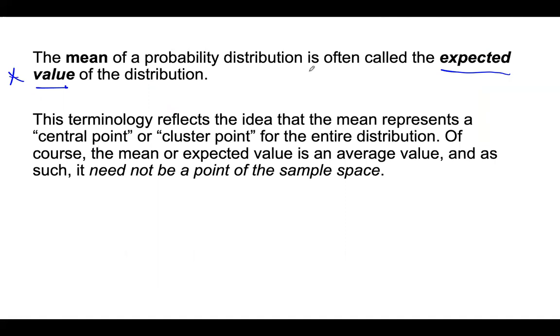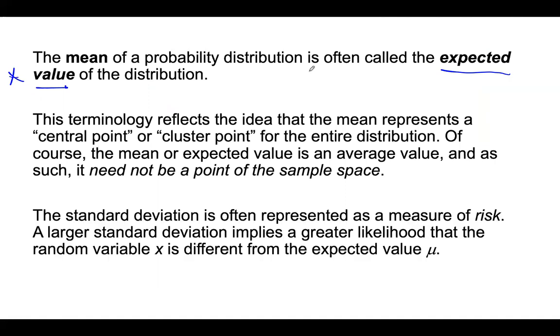Of course, the mean or expected value is an average value, and as such, it need not be a point of the sample space. The standard deviation is often represented as a measure of risk. A larger standard deviation implies a greater likelihood that the random variable x is different from the expected value mu.